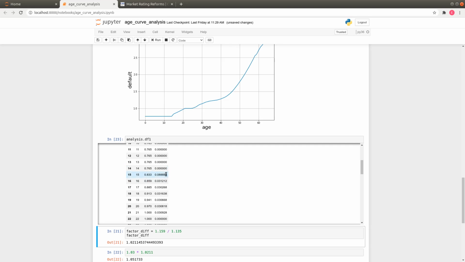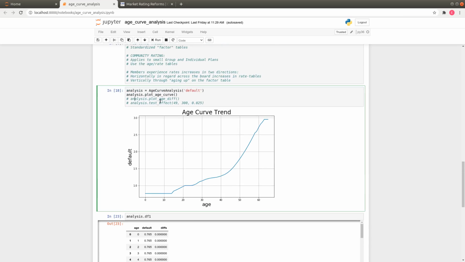There's an 8% difference between the age 15 factor and the age 14 factor, and then so on as we move up the table. So in the year that we turn 18 from 17, we see a 3% shift. So this column here is reporting the change as a percentage in price from aging up.